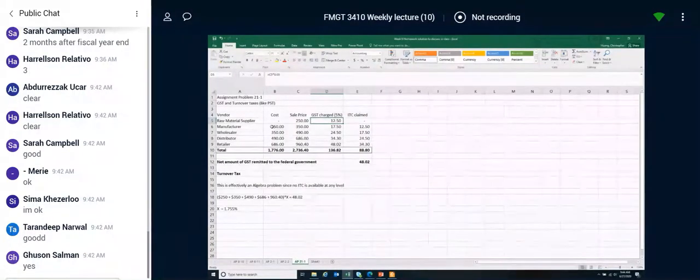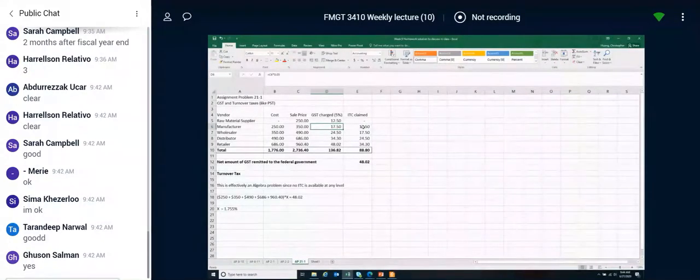So now the manufacturer says, okay, I paid $12.50 GST, so I'm going to claim what we call an input tax credit. I'm going to claim a refund, a recovery of the $12.50 that I paid. But I added some value, and now I can sell this product for $350. So at $350, I'm going to charge $17.50 of GST.